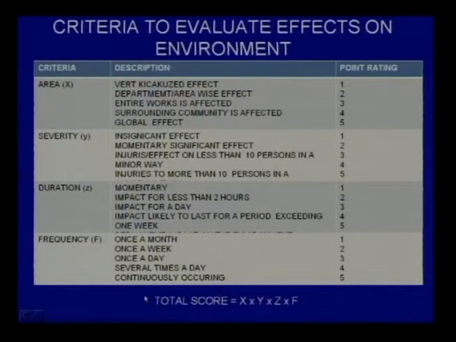Now, the higher the score, the bigger is your problem. The idea should be to minimize the total score, which means everywhere our goal would be to go from 5 towards 1, 5 towards 1, 5 towards 1.